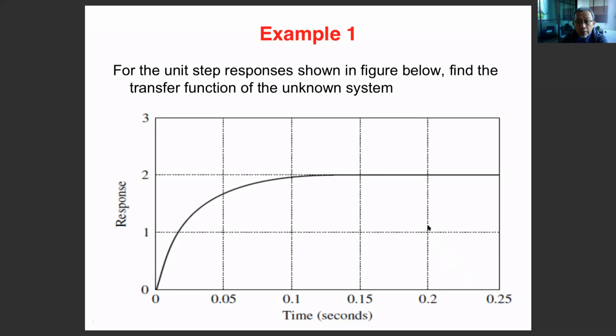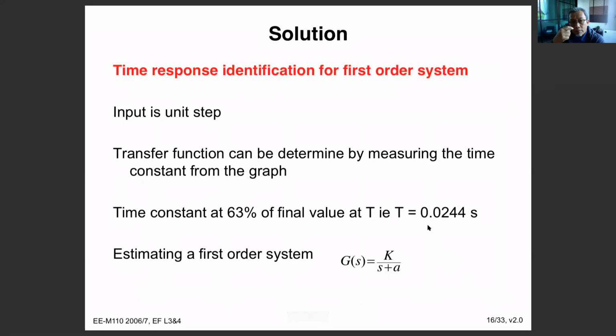The input is a unit step. The transfer function can be determined by measuring the time constant from the graph, at 63% of the final value, at t equals 0.0244 seconds. Now let's go to the plot.